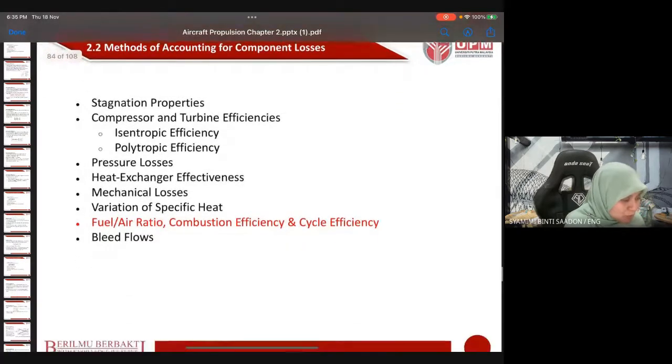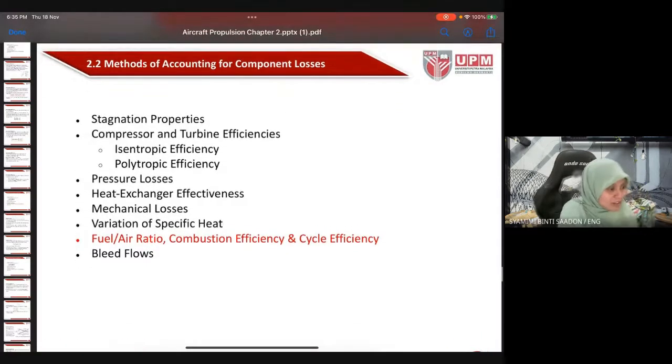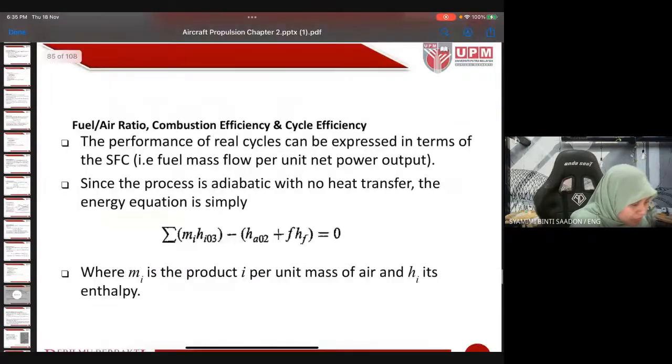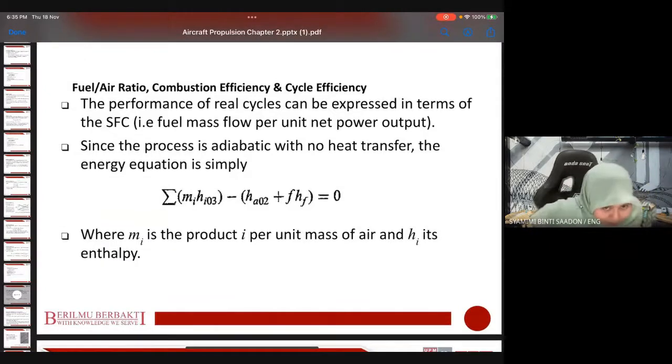Okay, other factors are the fuel to air ratio, combustion efficiency, and cycle efficiency. The performance of the cycle can be expressed in terms of the SFC, specific fuel consumption, or sometimes written as TSFC, especially for aircraft engines.